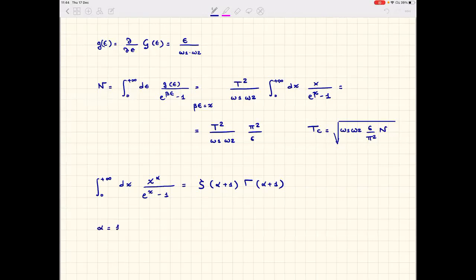So for alpha equal to 1, you should be getting zeta of 2 times gamma of 2. Now, I don't remember what is zeta of 2, but let's see. Riemann zeta of 2 is pi squared over 6. So this is pi squared over 6 because it's the zeta function at argument equal to 2, and then gamma of 2 is equal to 1.